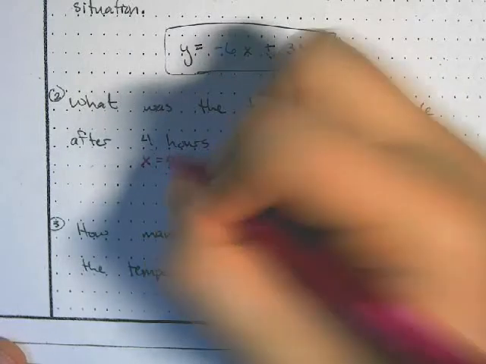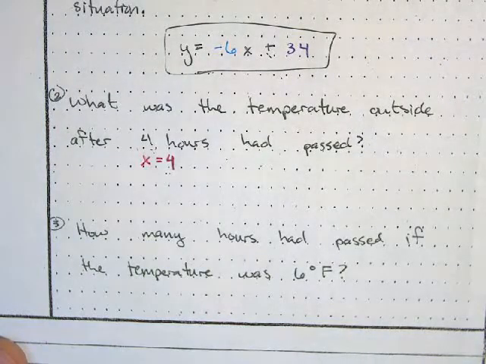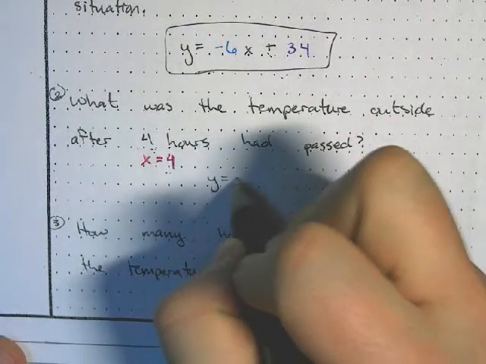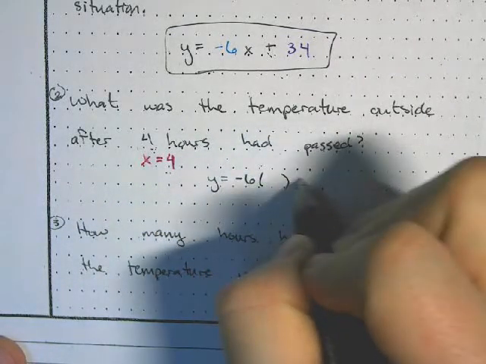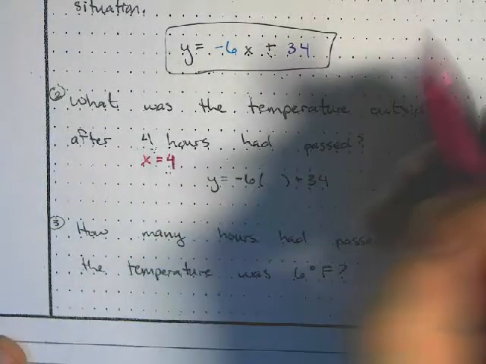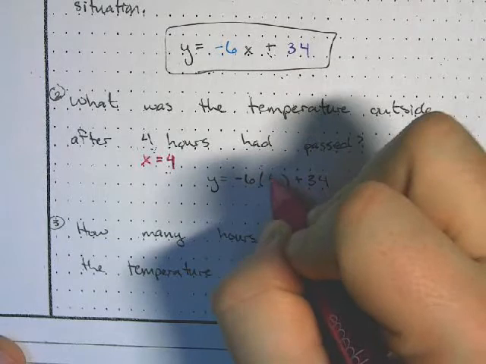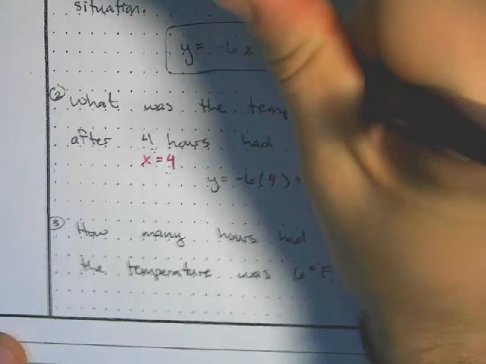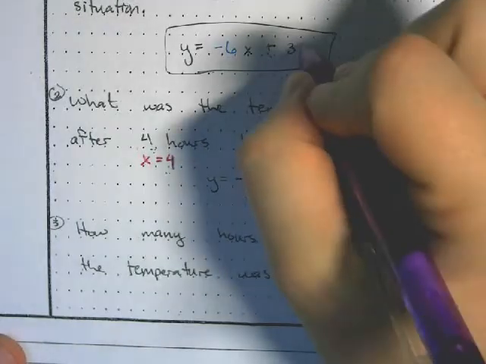So we'll plug in 4. So I'm going to get y equals -6 times 4 plus 36. I don't know where I got 34 from. Sorry about that. This should be 36.